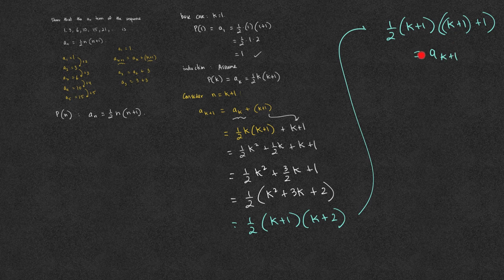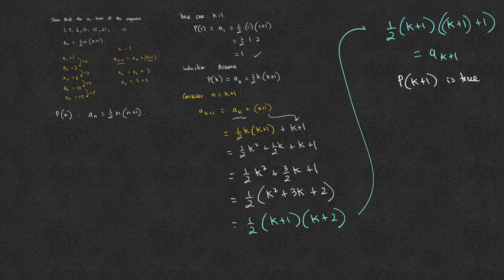Since it looks like this form where the input is n, we would take half of the input times the input plus 1. And so if the input is k plus 1, we take half of the input and then multiply by the input plus 1. This shows that the case p sub k plus 1 is true because it follows the same format.